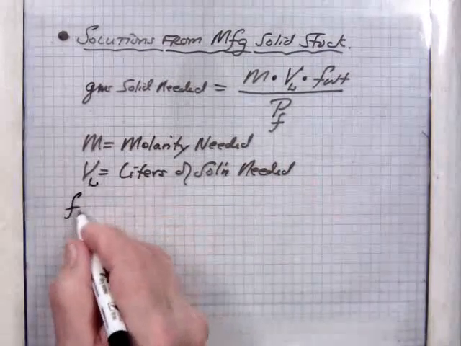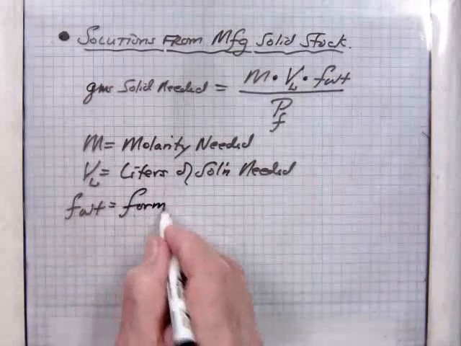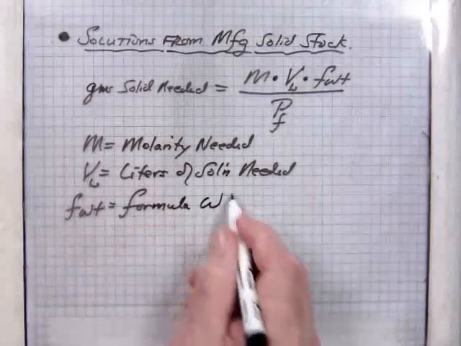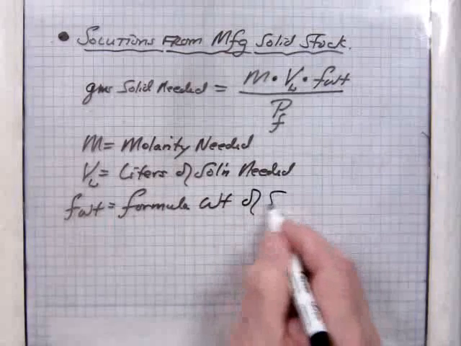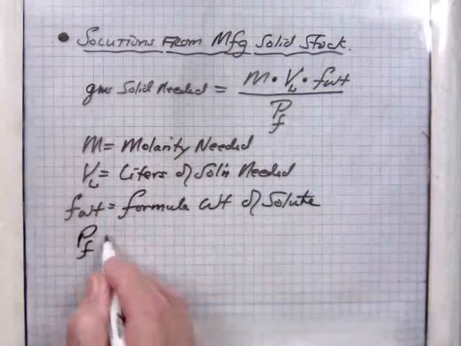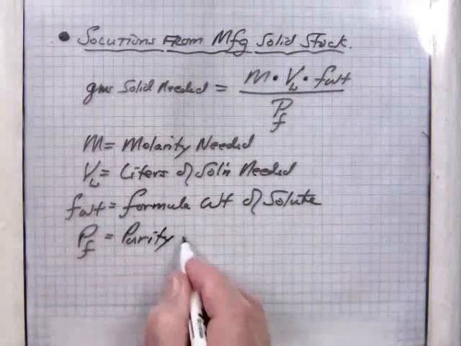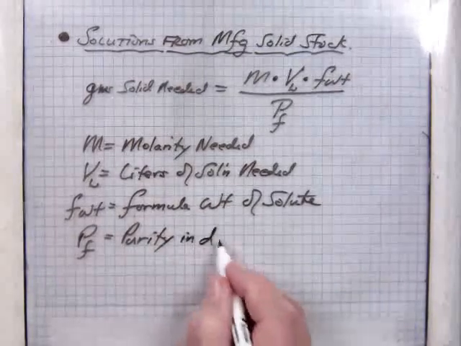Of course, F weight is formula weight of solute, and PF is your purity factor in decimal fraction form.